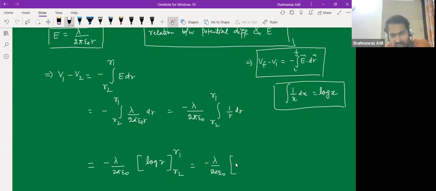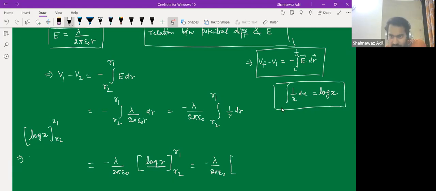The function is log x, and you have to put x1 and x2. So what would be in here first?